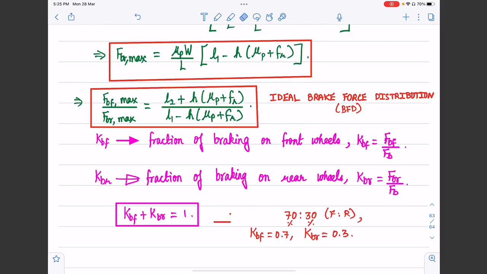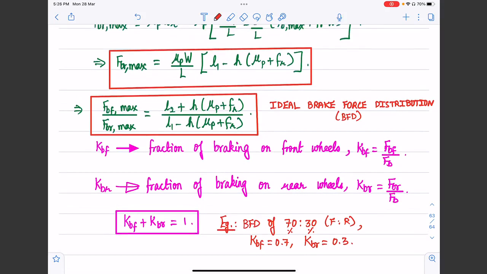So as an example, we are considering brake force distribution of 70-30. This is a convention or a symbol that we need to know. All right. So if we go back here, this ratio is going to be the ideal brake force distribution.